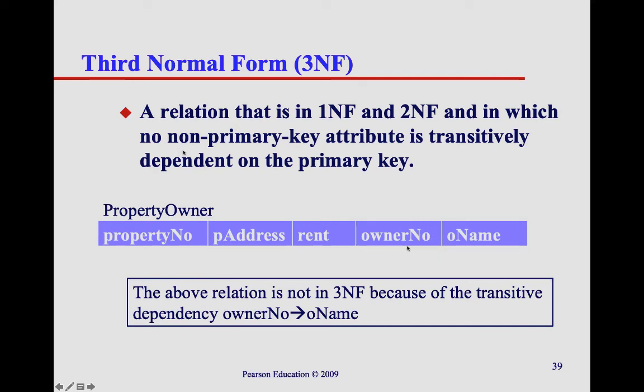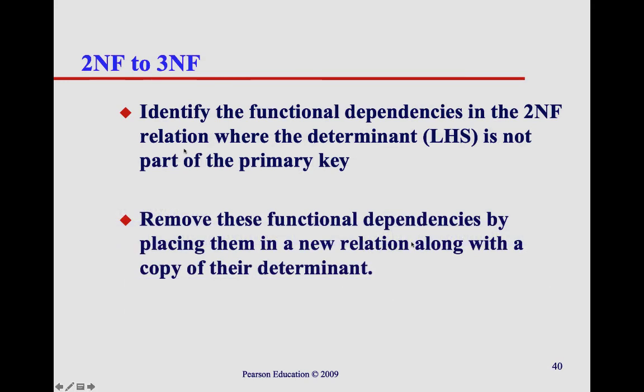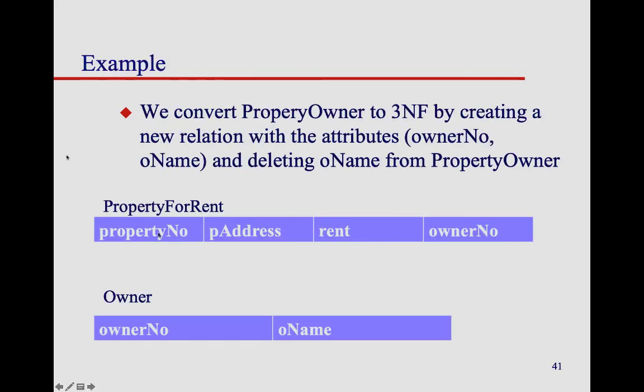So to move from second to third normal form, we move the attributes associated with that transitive dependency to their own relation and keep the left-hand side up here in property for rent. Now, in third normal form, we in fact have all of our entities in separate relations.